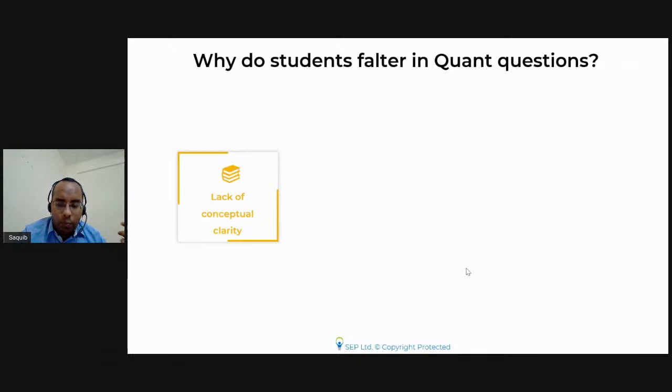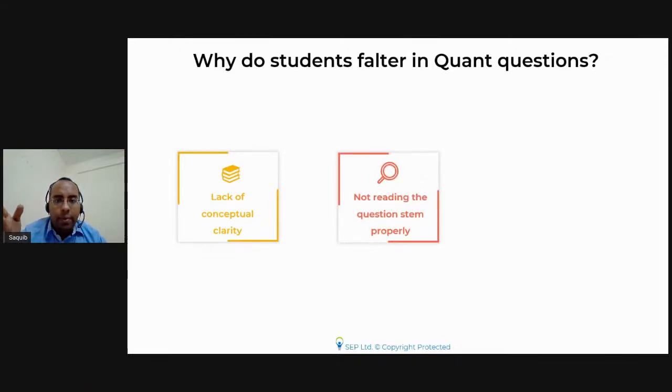Let's talk about number two. The other thing, which a lot of people talked about, is not reading the question stem properly, because maybe the question is quite big or you don't have enough time, so you're in a rush. You read those questions very quickly, and sometimes you don't understand the significance of a certain thing mentioned in the question.